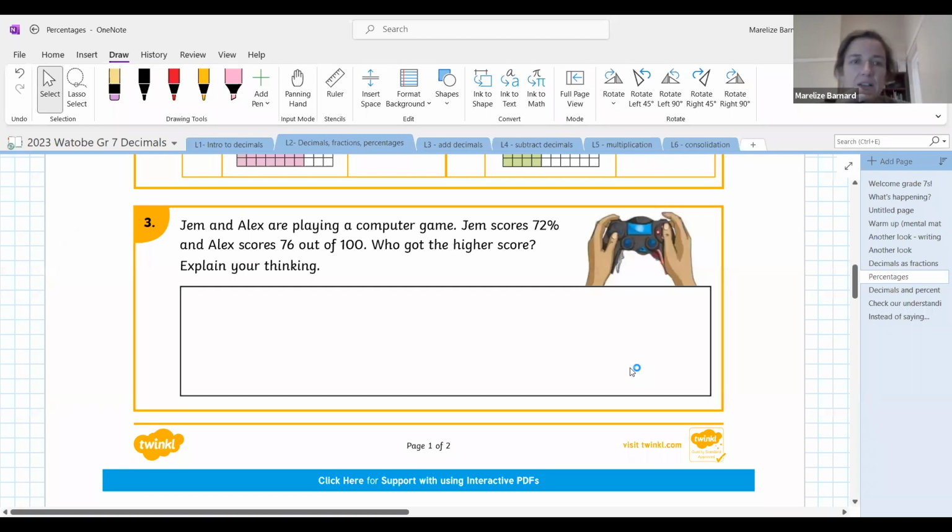Okay, so let's see our little word problem here. In question 3, Jem and Alex are playing a computer game. Jem scores 72% and Alex scores 76 out of 100. Who got the highest score and say why? You can just put your answer in the chat and say what your reason for it is.